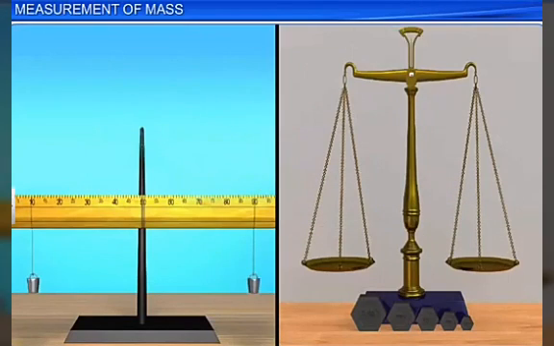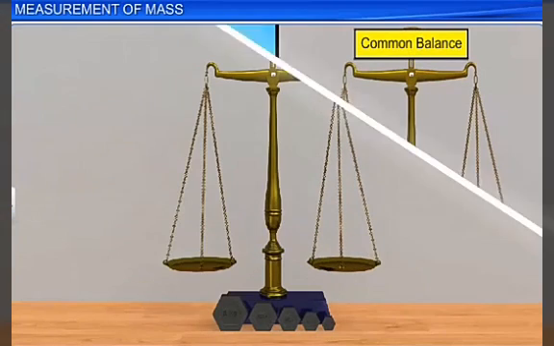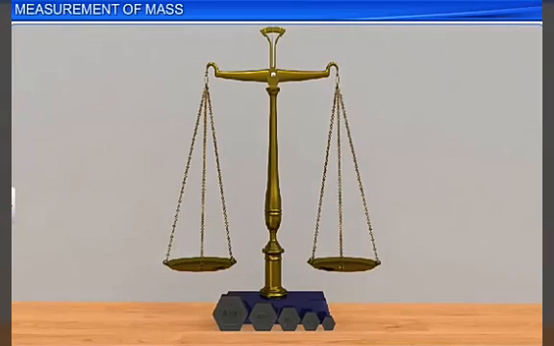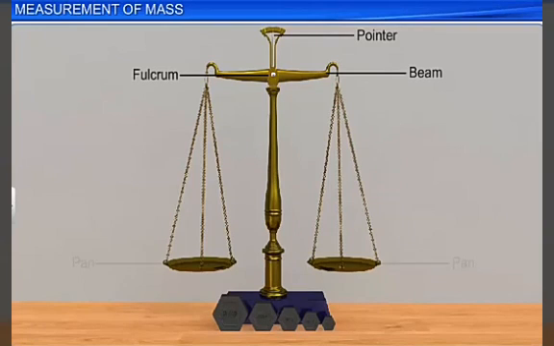The common balance consists of a horizontal beam with a pointer in the middle. The beam is free to tilt about its center point, which is the fulcrum. Two pans are suspended on either side of the pointer at equal distances. To measure the mass of a body, standard masses with different values are available.